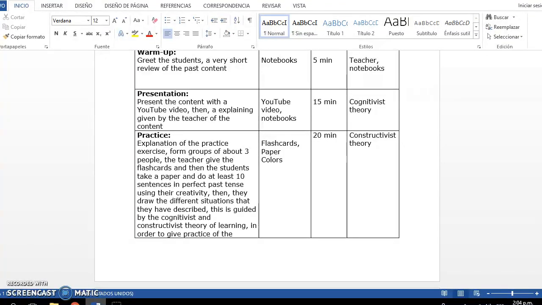There are many flashcards to use, and I expect that the students will do good work by using the flashcards, imagining and using their creativity to make sentences and draw them, representing them.